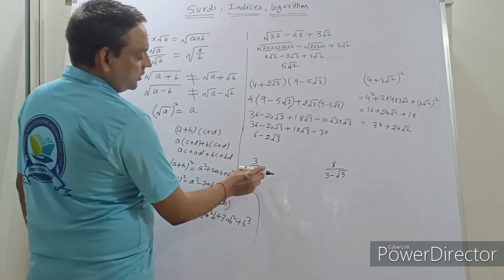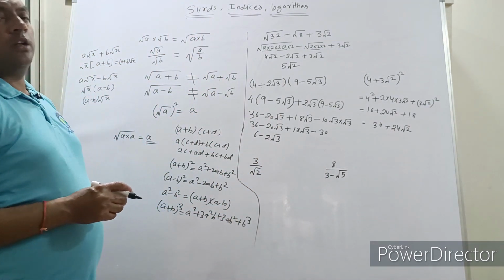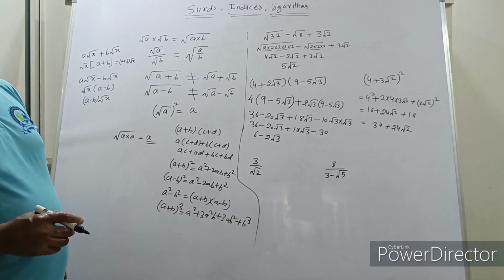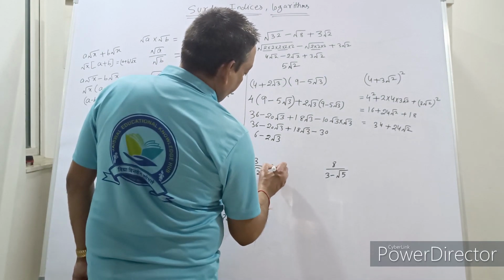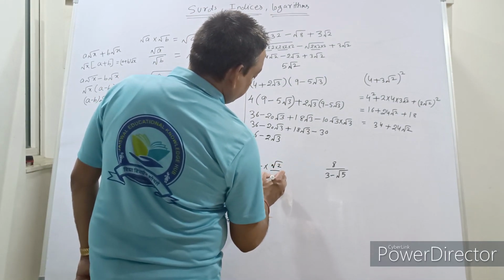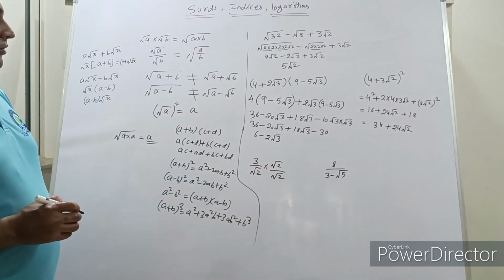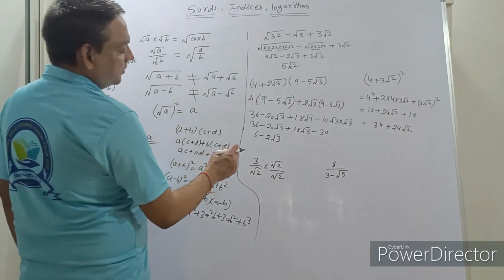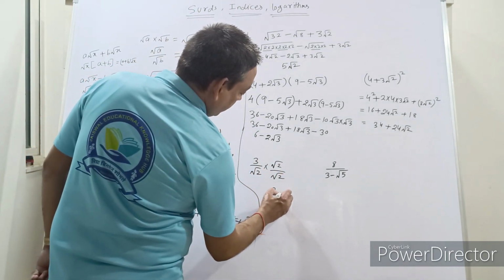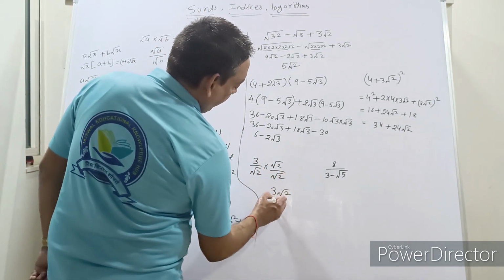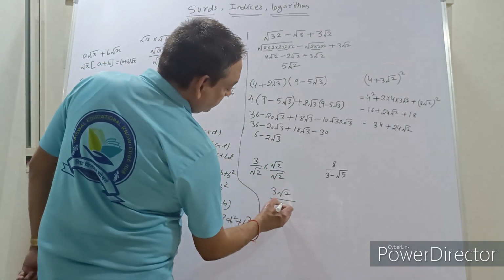So if only one number is given in the denominator, we multiply and divide by the same number. Now if you multiply, you will get 3 into root 2, that is nothing but 3 root 2, and in the denominator root 2 into root 2 gives you 2.